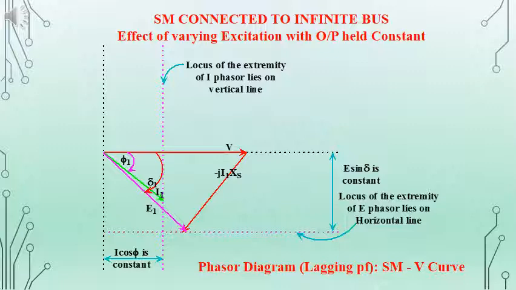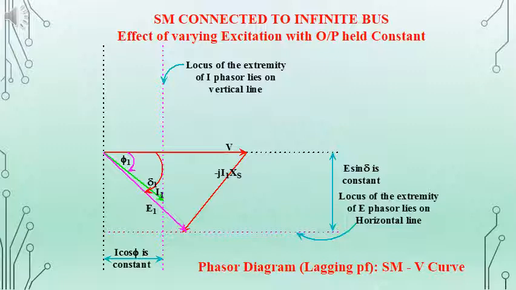And the locus remains the same. We can see that in the previous case, for unity power factor, the current was in phase with V. The active component of current here in this lagging power factor condition, that is I1 cos phi 1, will be the same.